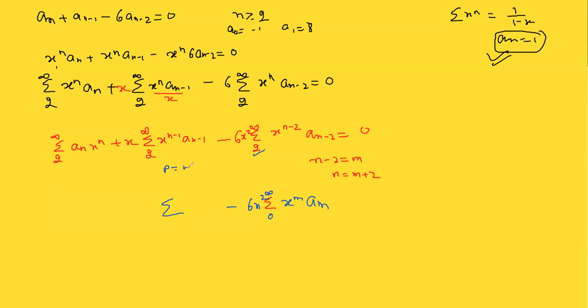Let's suppose p, right? Then n becomes p plus 1. Here you can write what? xp, ap. And when you put 2 minus 1, it will be what? 1? Yes. Understood?